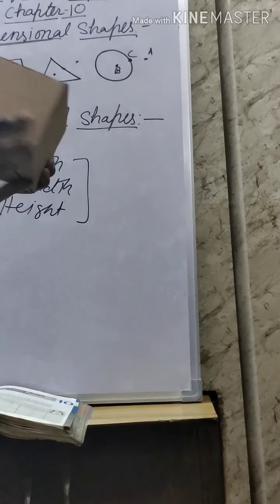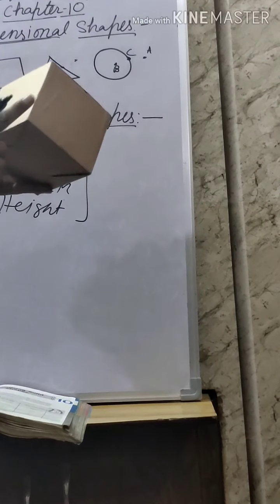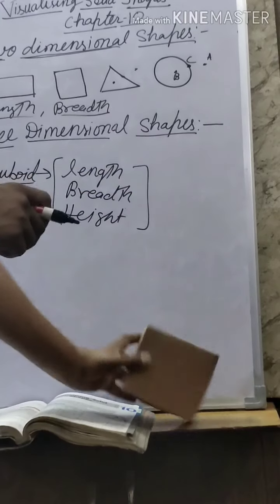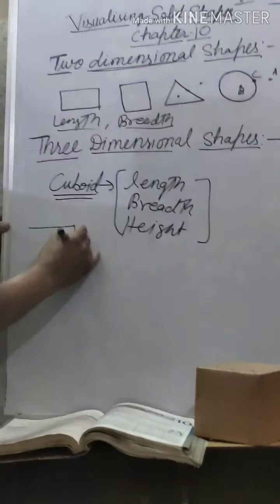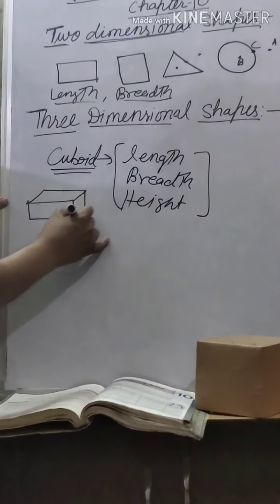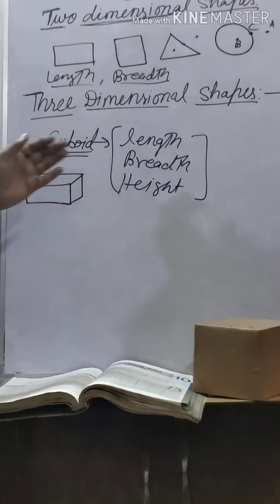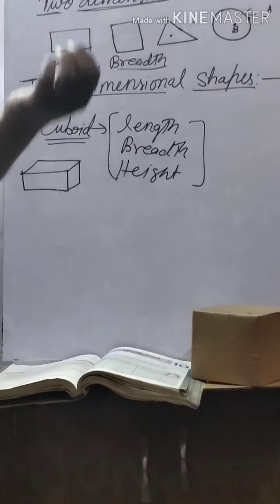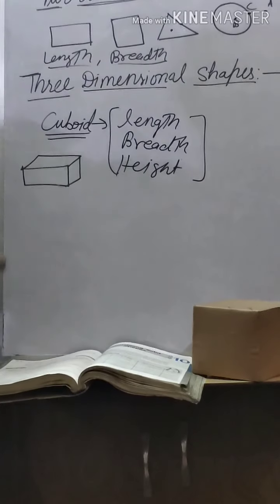But if you measure, this side and this side are different. So if they are not equal, this is an example of a cuboid, not a cube. In a cube, all sides are equal. I think you have seen the shape of a cuboid. Any brick has length, breadth, and height. This is an example of a cuboid.